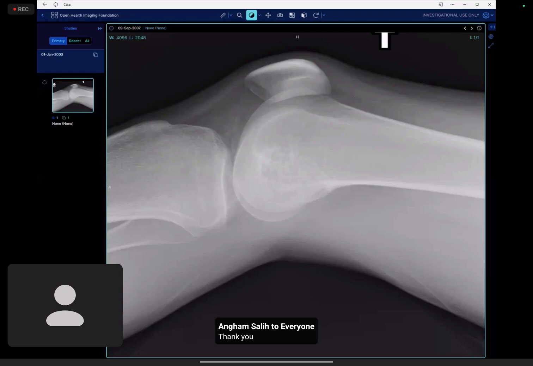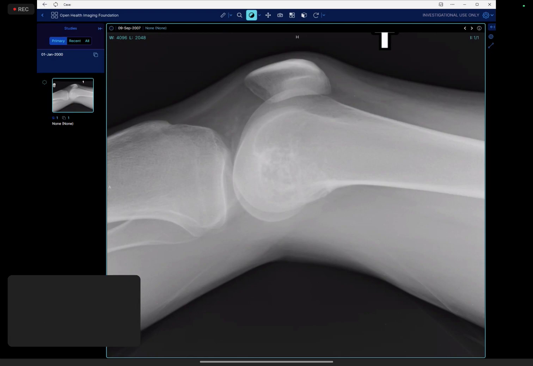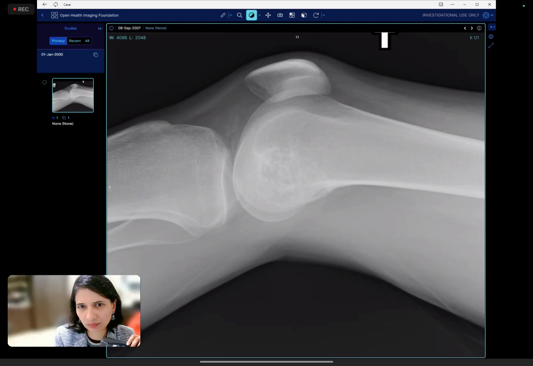So my differential for this would be a low-grade chondroid lesion. I would like to know if the patient has any known primary, in which case it could represent metastasis, however unlikely.